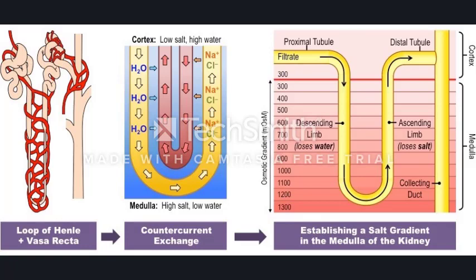So the dissolved substances that have been removed are all going to be taken back into the blood. And the consequence of them coming back into the blood is that you're not going to have much left there other than, well, water, urea, maybe some salts. But what that means is that the concentration of water in that filtrate is going to be larger than it is in the blood vessels that surround it.